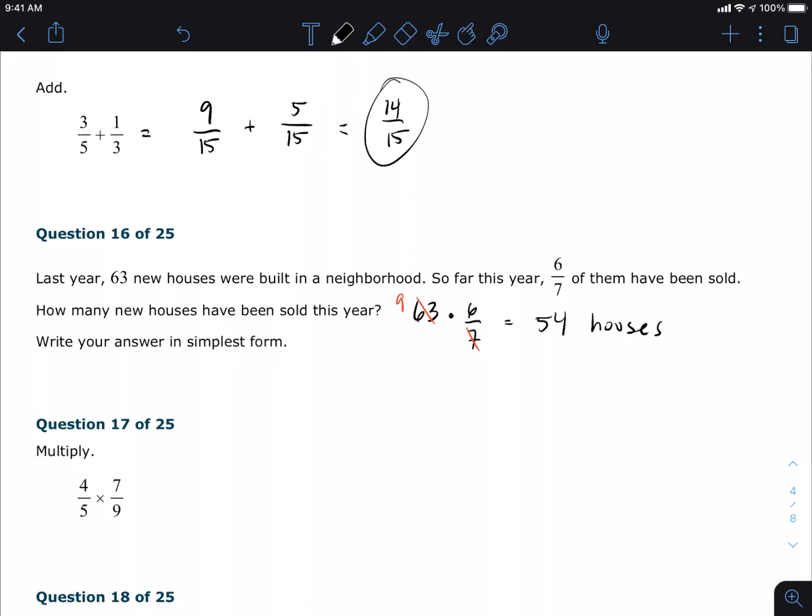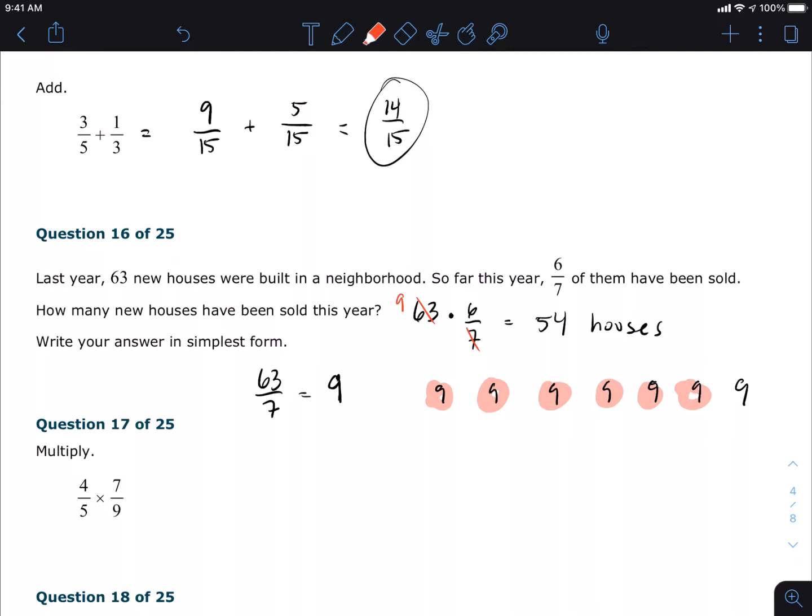Since I know 6/7 of the homes have been sold, I could have just gone, all right, what's 63 divided by 7? That would have been 9, right? So that means there are 7 clusters of 9 homes, right? So 9 and 9 and 9 and 9 and 9 and 9 and 9. That's 7 of them. Well, that cluster was sold, that cluster was sold, that cluster was sold.